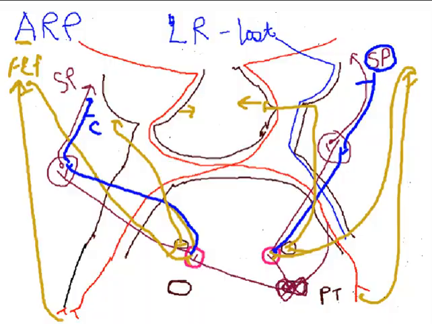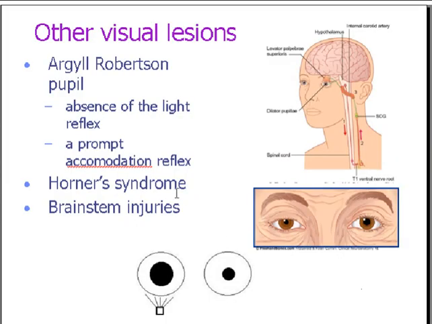Horner's syndrome. In Horner's syndrome, as I mentioned earlier, the lesion could be anywhere in this whole autonomic pathway. So it could be from the hypothalamus, the tracts going to the lateral horn of the spinal cord. The lesion could be in the medulla or the pons, or if there's a cervical lymph node enlargement, that could press on the superior cervical ganglion. Or as this is passing through the internal carotid artery, there could be a pressure somewhere there.